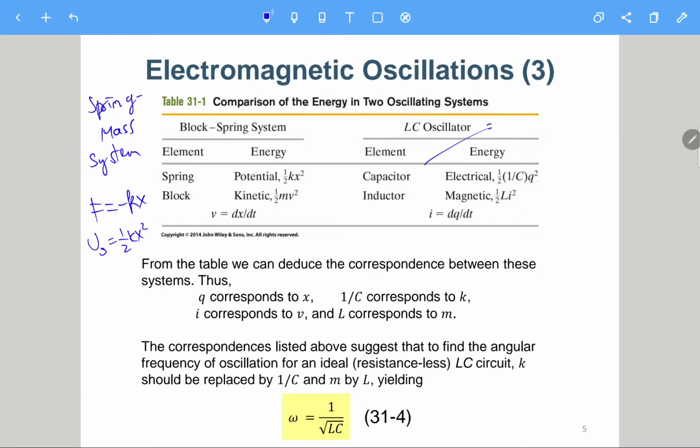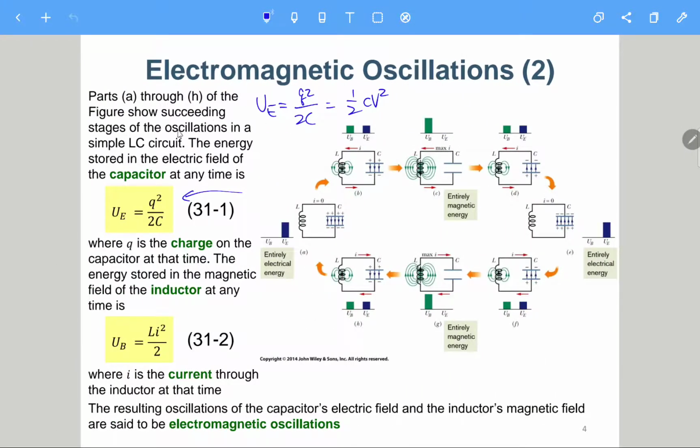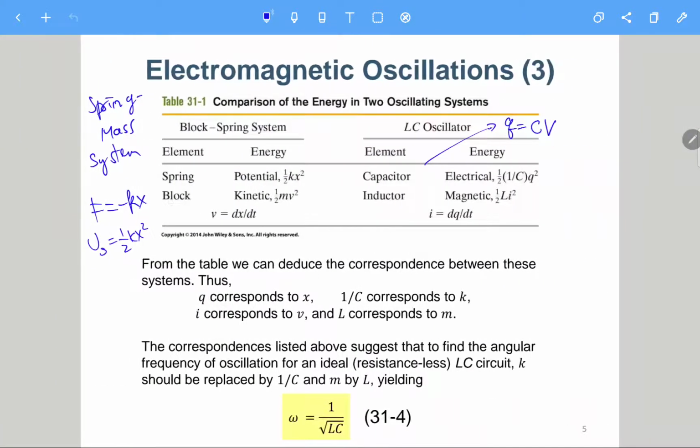For the capacitor we have Q equals CV, and the energy is 1/2 times 1/C times Q squared, which is actually this one. So you can just change X to Q and change K to 1/C.